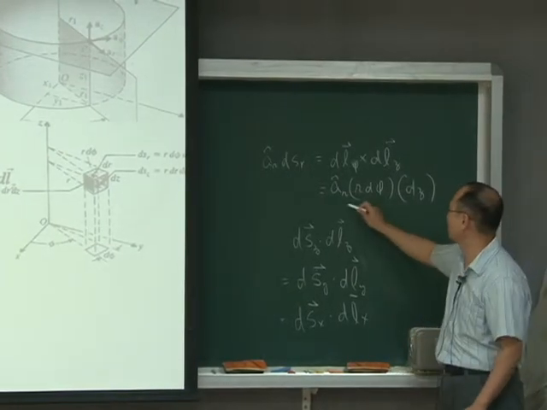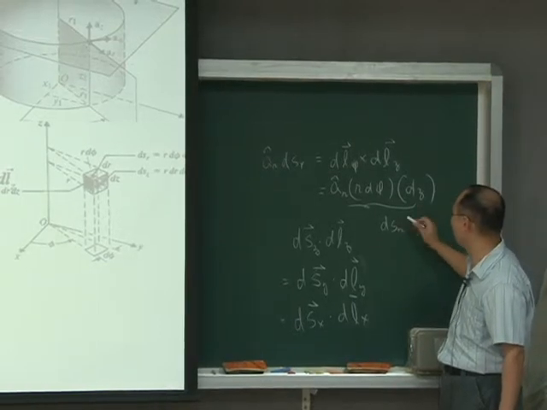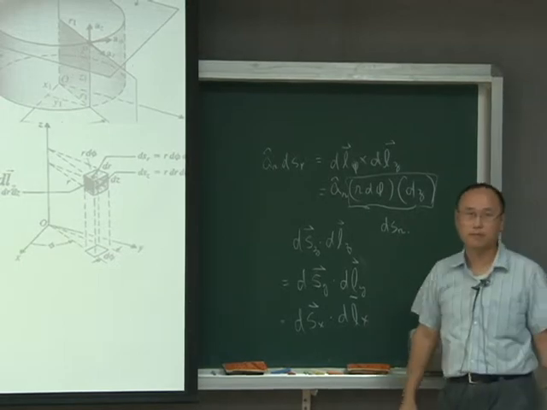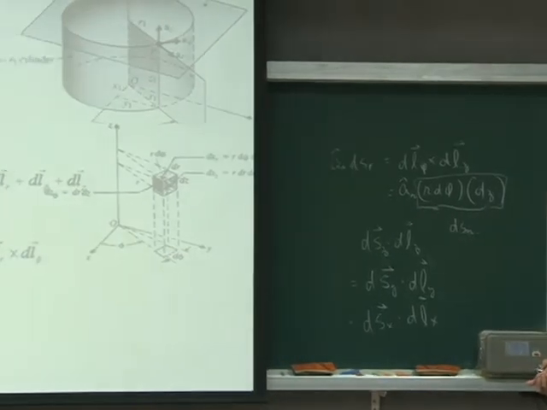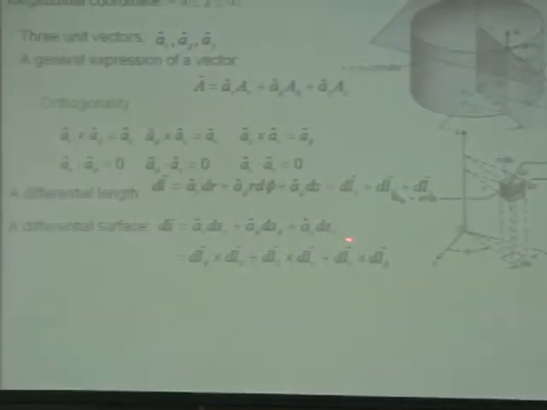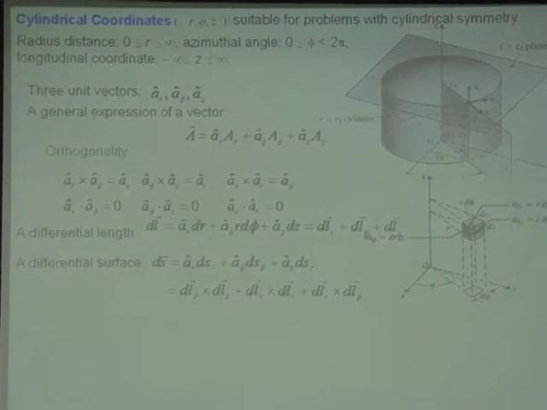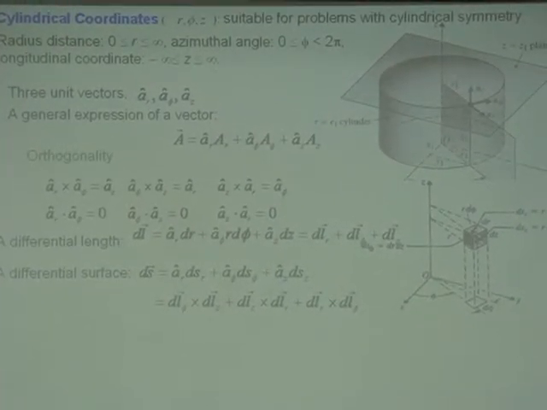Okay, so this is the differential surface along r direction. Okay, so you can do the same thing for the differential surface along phi direction, and along z direction, and then you have a general vector for the differential surface in this coordinate system.